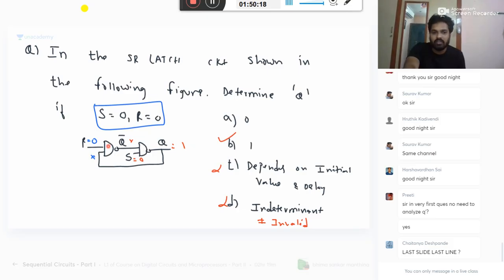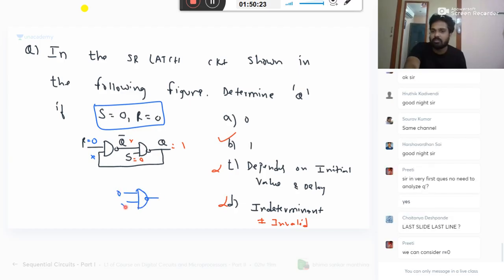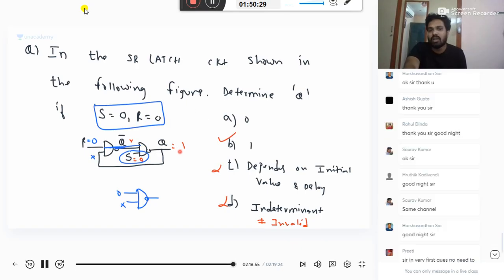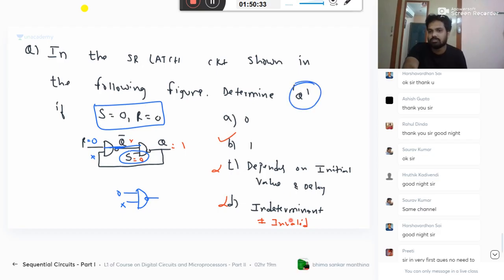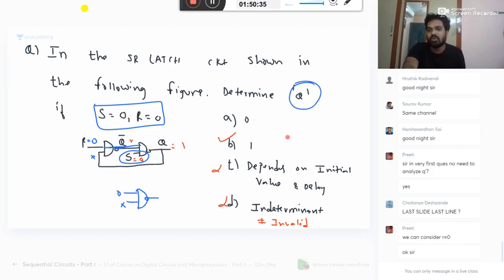When for a NAND gate one input is made 0, why worry about the second input? Whatever the second input may be, S and R are 0, so you will get 0 bar, which is 1. The question asked only Q, not Q bar. If it asked Q bar, we'd write Q bar also.